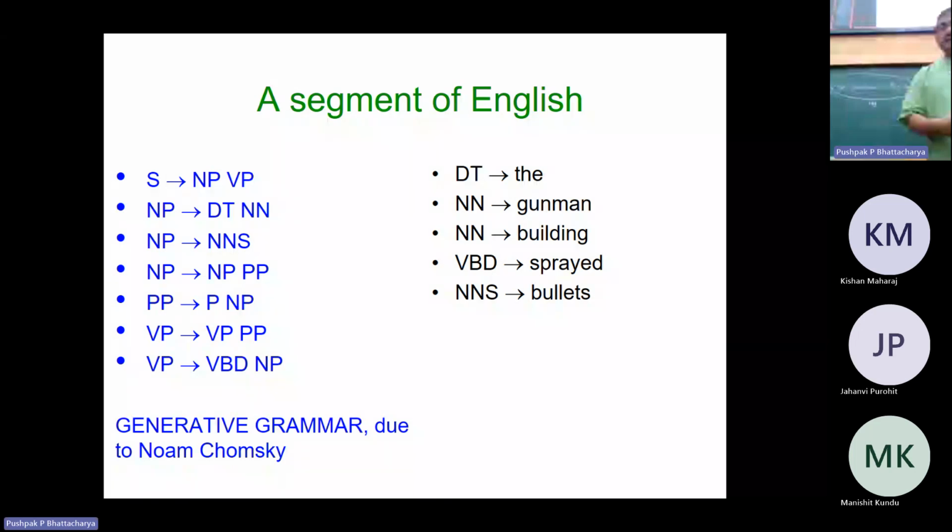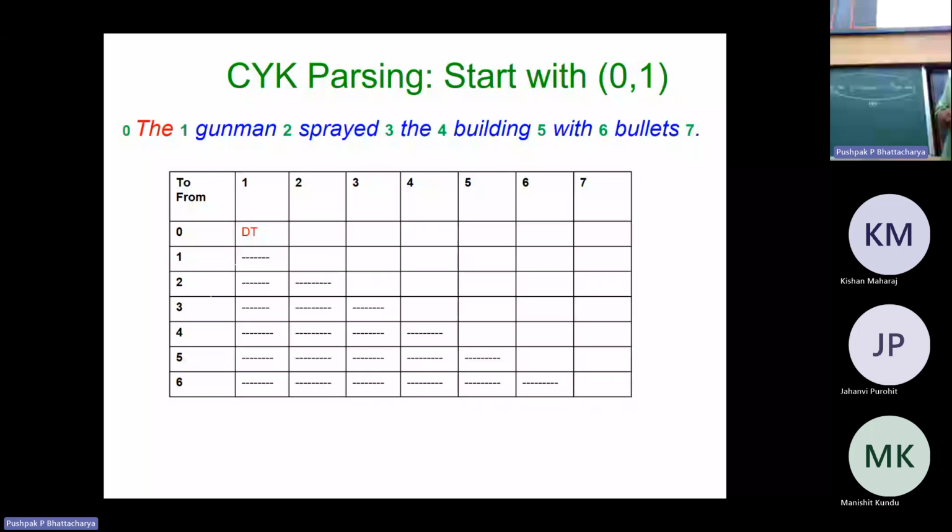Okay, so the processing, you remember, it's very elegant. So this is essentially bottom-up parsing. Now, the rows are starting from 0, going up to last index minus 1. And columns are starting from 1, going up to the last index. Okay? So any cell ij corresponds to the segment of the sentence between the positions i and j.